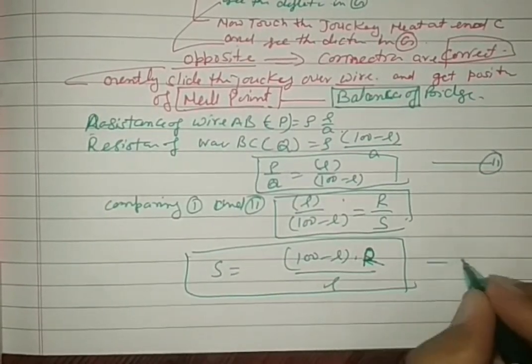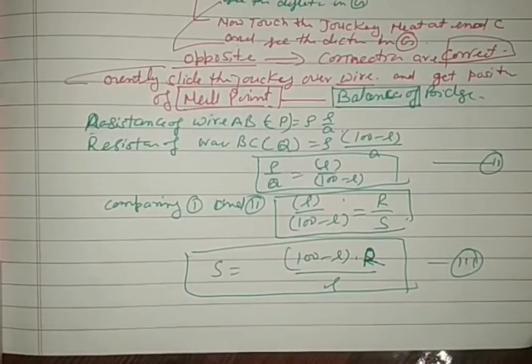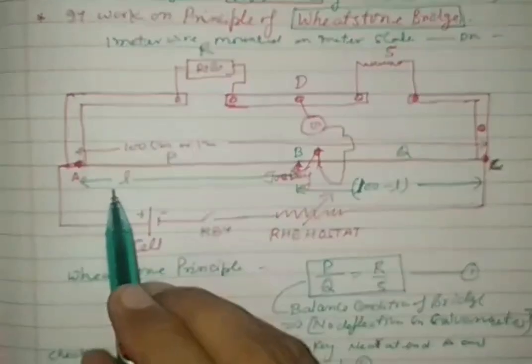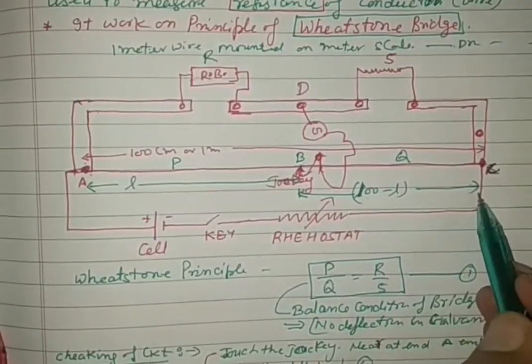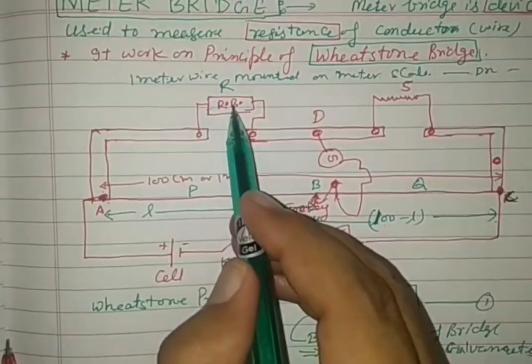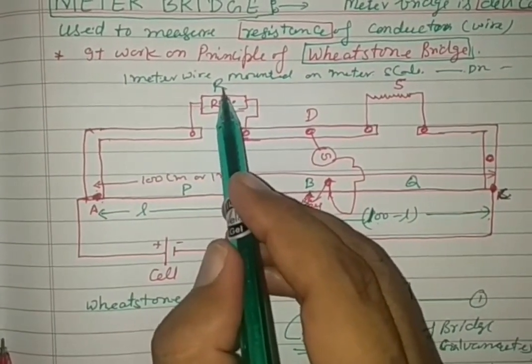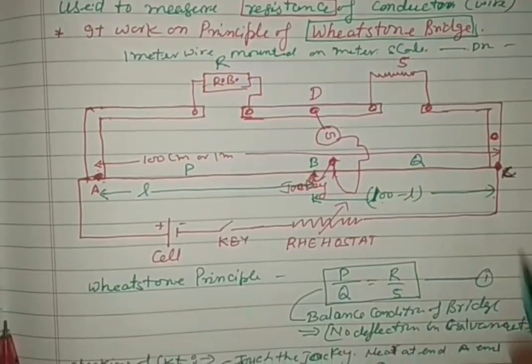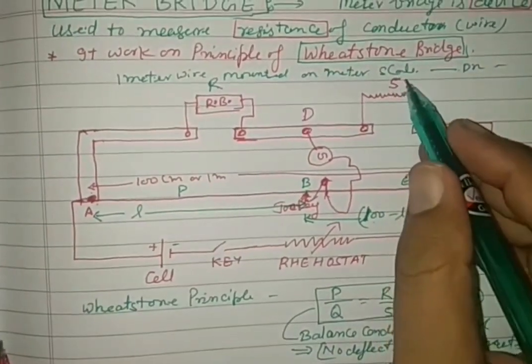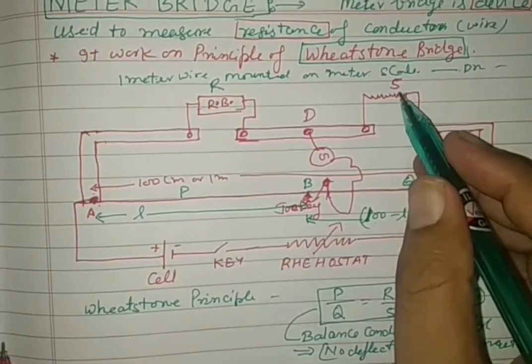This is equation 3. By getting the balance condition, L and 100 minus L are calculated, the value of R is noted from the resistance box, and using the formula the value of S can be calculated, right?